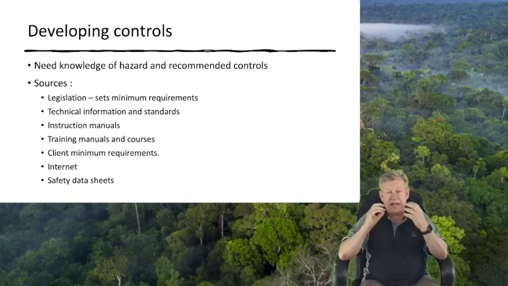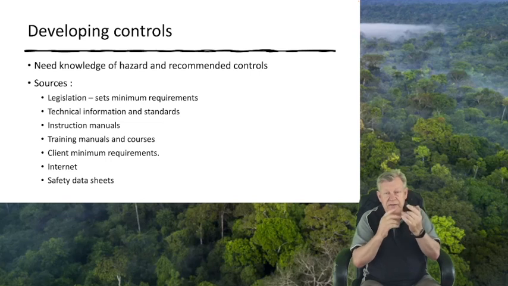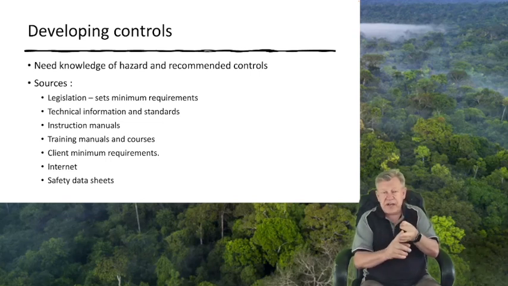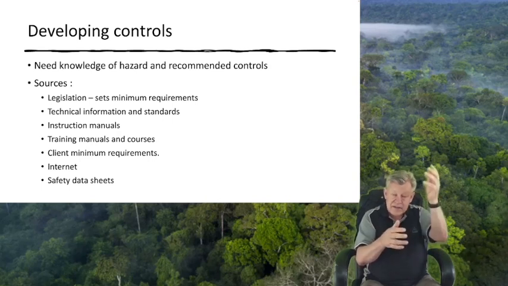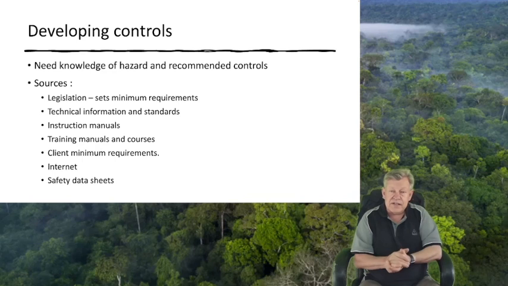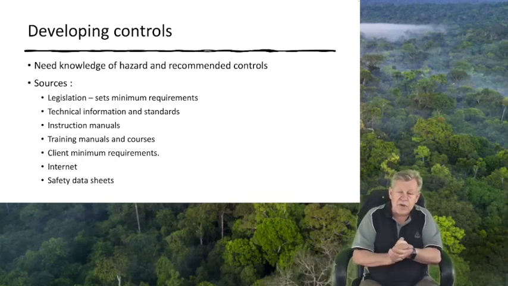Often, the client will give us minimum requirements. So the client will give us standard operating procedures, checklists, and whatever that they expect us to implement for control of the hazards, that if we have those hazards in our scope of work, our site, and so on.